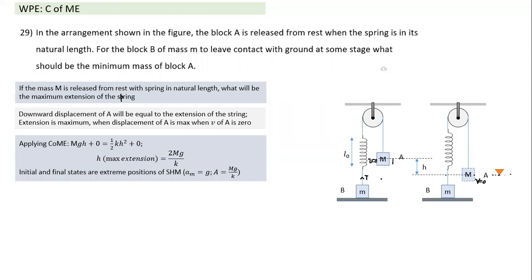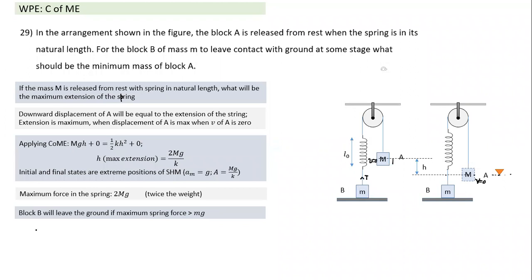So if block B has to leave the ground, the maximum spring force has to be greater than the weight of block B. That's the condition. The maximum force on the spring is twice mg. Block B will leave the ground if the maximum spring force becomes greater than the weight of block B. So that's my equation.